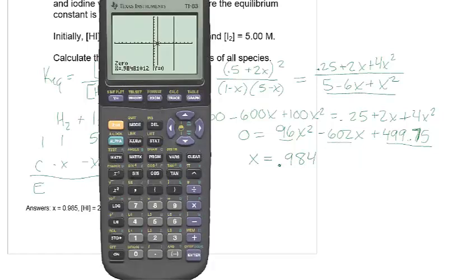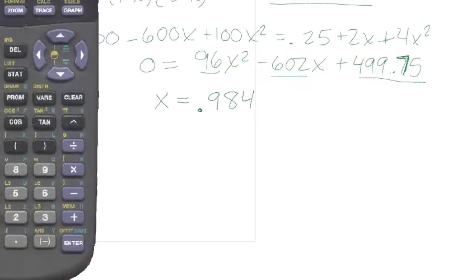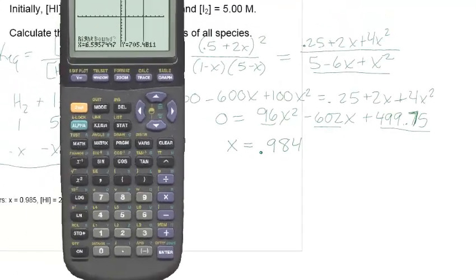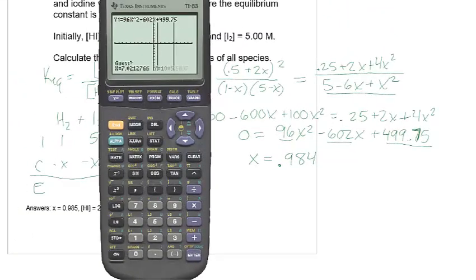Or pull up your calculator again, and let's see. You could also find the other 0 by again hitting second, calc, choosing the second one, 0, going over the left bound, maybe 1, 2, 3, 4 might be too much, maybe about 3, then going over again, the right bound, that looks like maybe about 6, so guess about 7, that's fine.